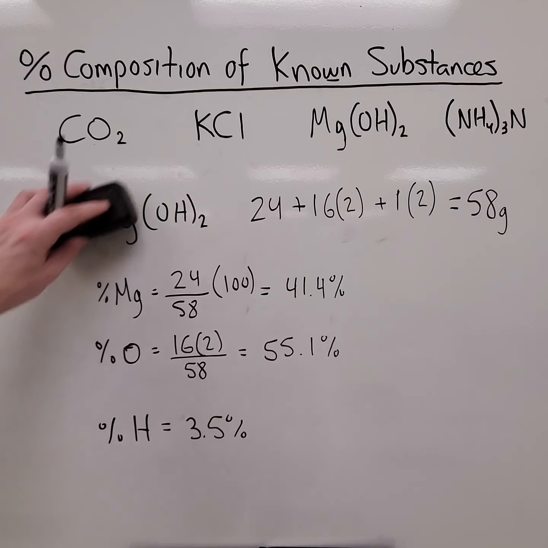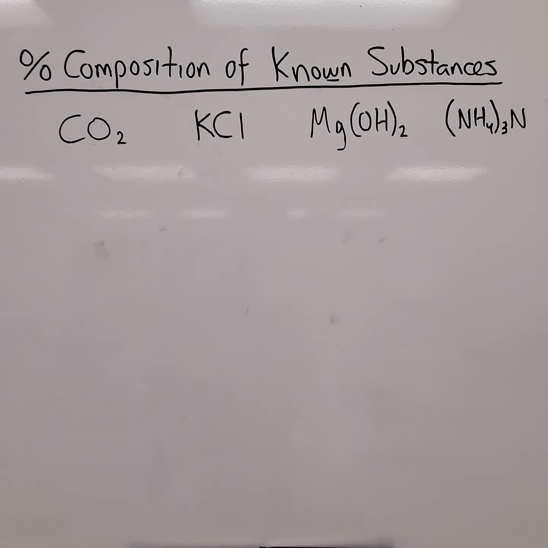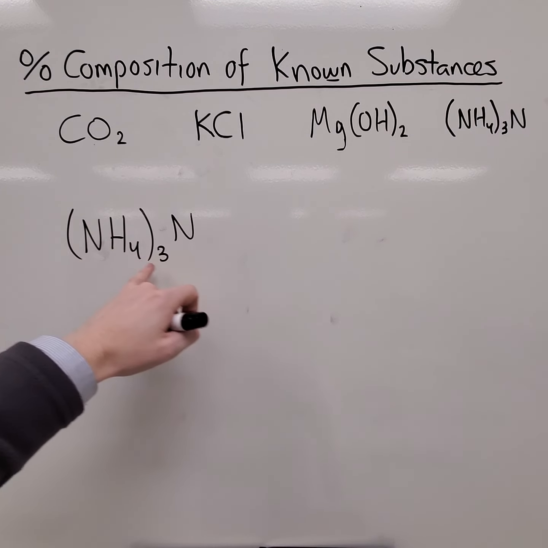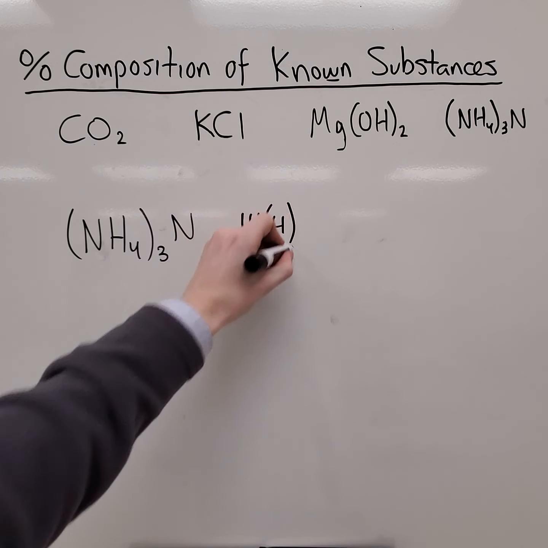Okay, for the last one here, you've seen a few examples. So I'm going to write down some information you're probably going to need here. First thing to recognize in this is that there are 4 N's, and each N weighs 14.